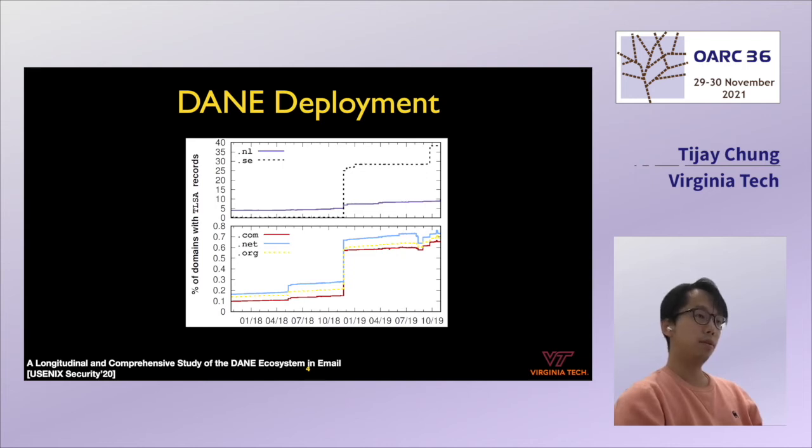DANE secures email protocols by introducing a new DNS record type, which is called TLSA records. As you can tell, the percentage of domains with TLSA records is really increasing. For example, in .se, nearly 40% of domains with MX records enable DANE as well.